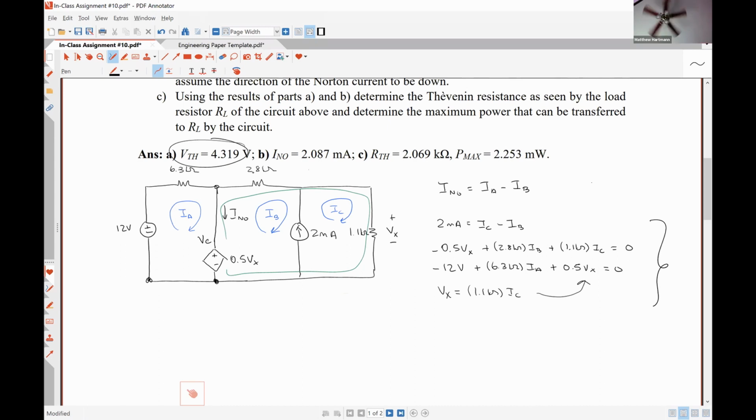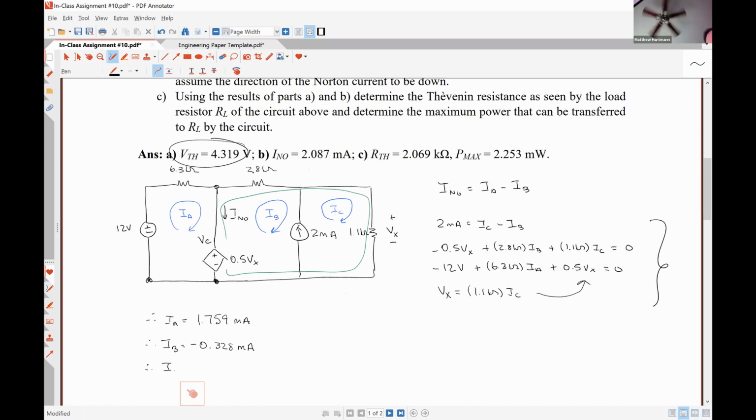So my results for this, I got IA was 1.759 milliamps. IB was negative 0.328 milliamps.